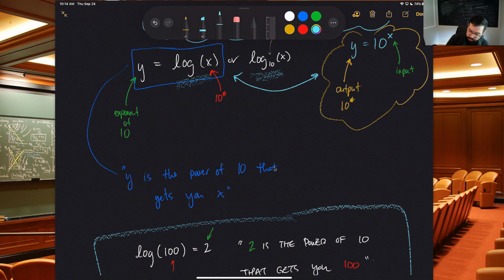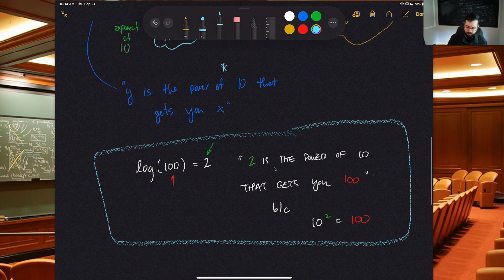Another way to think about this, since this is still in terms of x and y, would be, if we wanted to keep the variables the same, x equals 10 to the y. Hit pause and see why that makes sense. That x is 10 to the y. y is the power of 10 that gets you x. That lines up with what we've seen here and here. 10 to the y equals x.